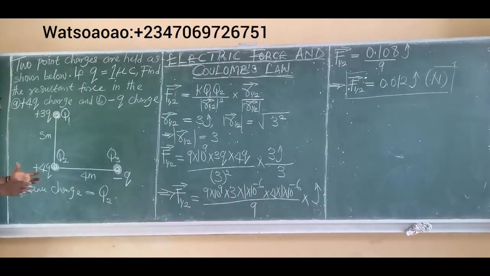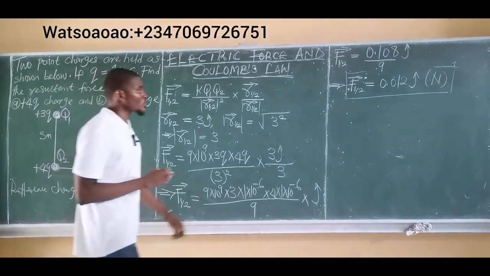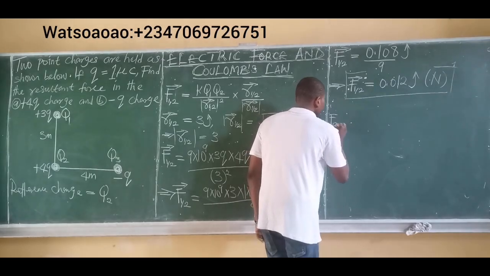Now having done with this, that is not the end. We are asked to find the resultant force acting on the plus 4q charge. So we still need to find the force of attraction between the plus 4q charge and the minus q charge, in this case between Q2 and Q3. So next we find F2,3.